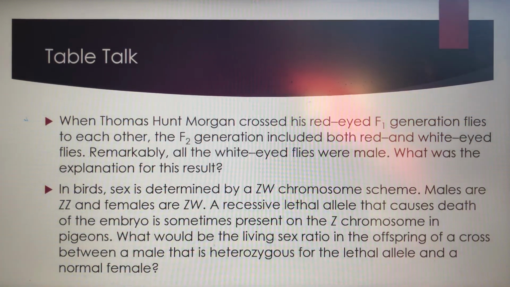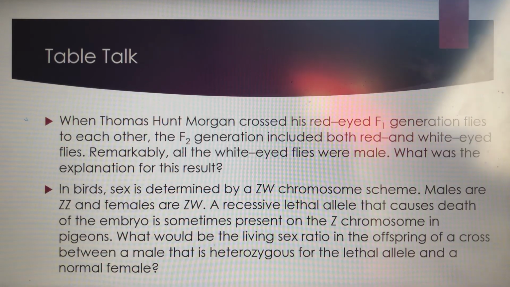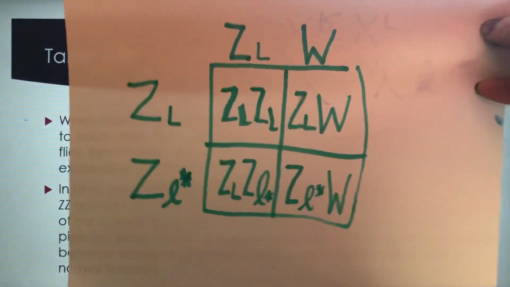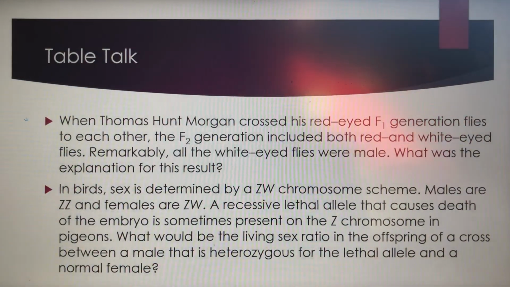So your living sex ratio would be 2 males to 1 female. That's your sex ratio, right? Because this female doesn't live. Okay? Hopefully that helps.